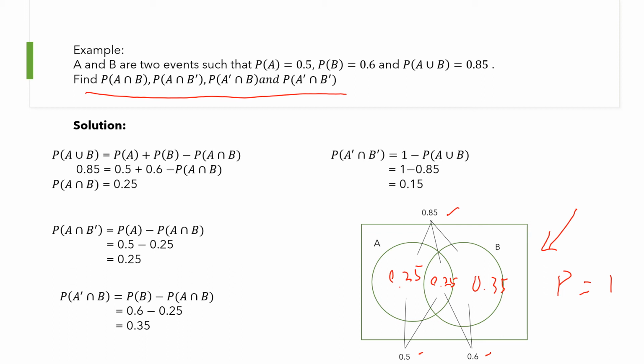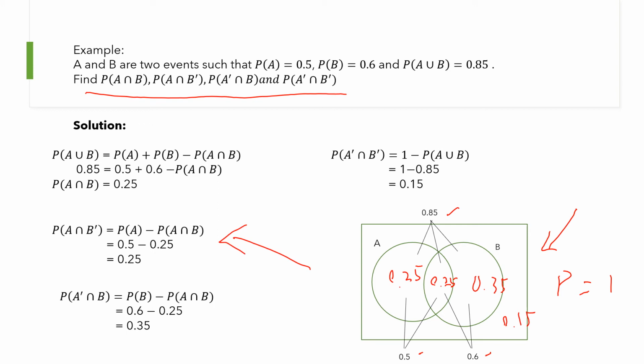But here we can see we only get 0.85 from events A and B. So the area outside events A and B is 0.15, because the total probability is equal to 1.